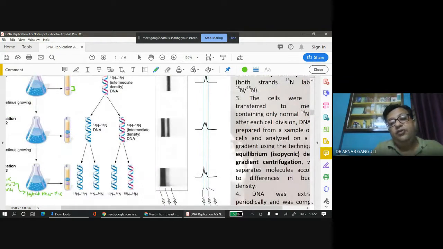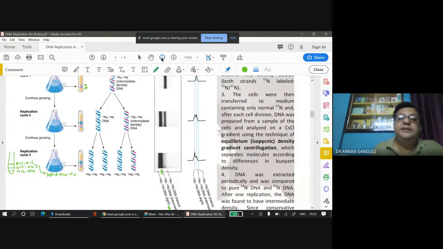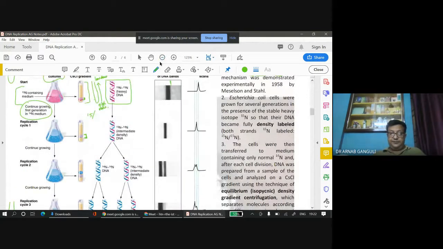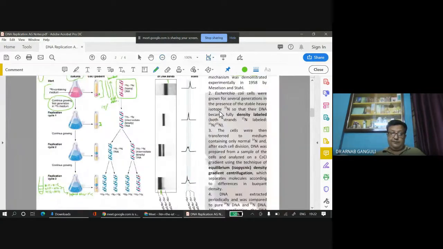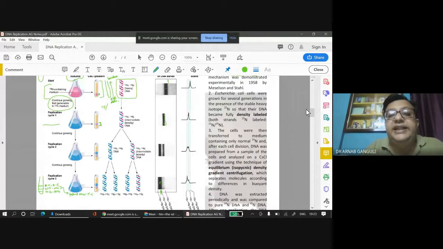And the N14 band was here. This is the N15, N15 band, and this is the N14, N14 band. So after growing one generation, they found that there was only one band which is neither N15 nor N14, but it is in the center.